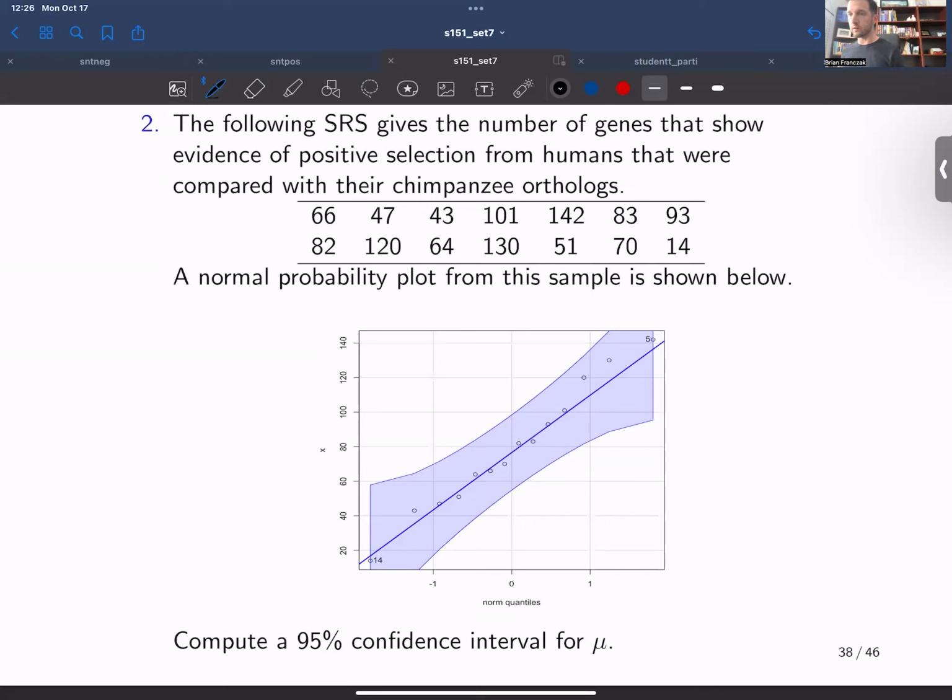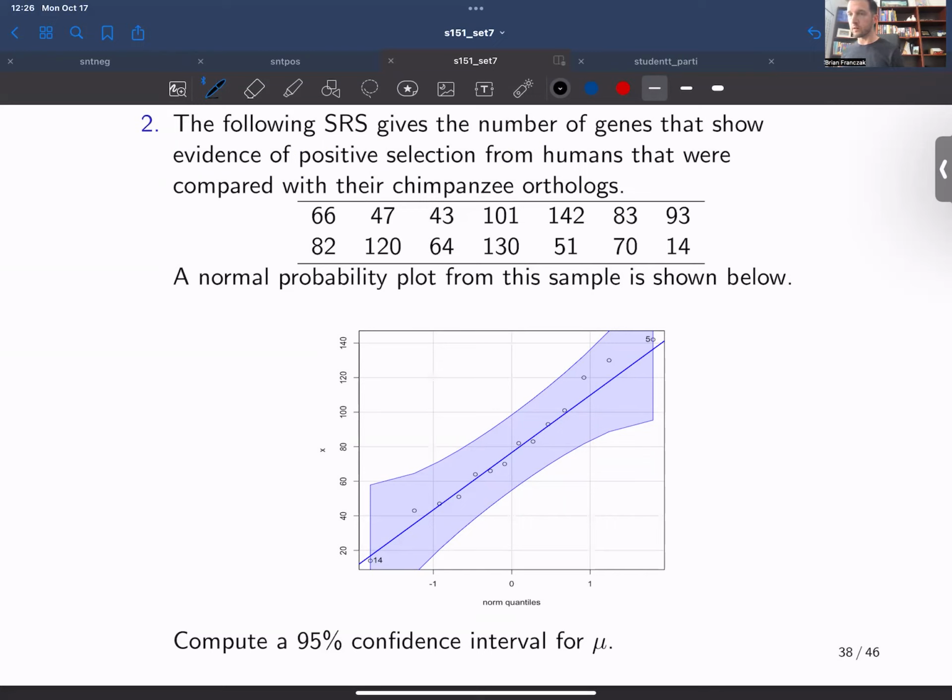So we can assume normality given the linearity in the normal probability plot.